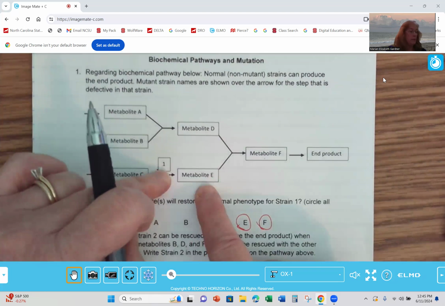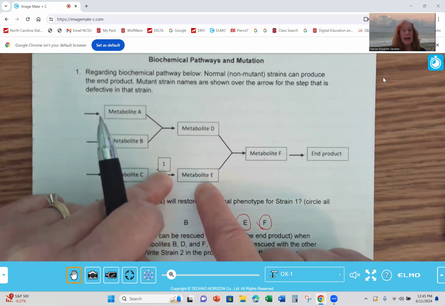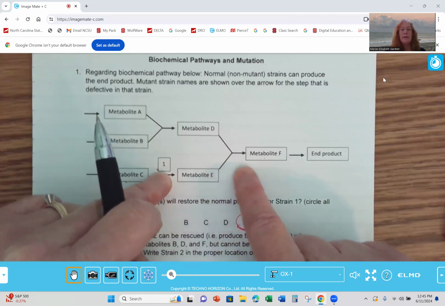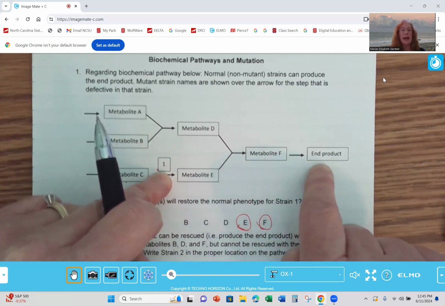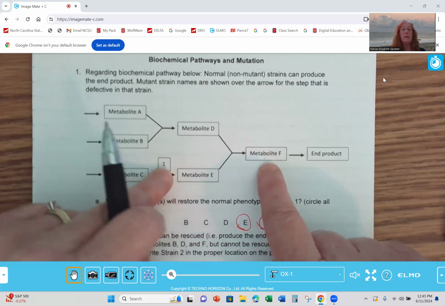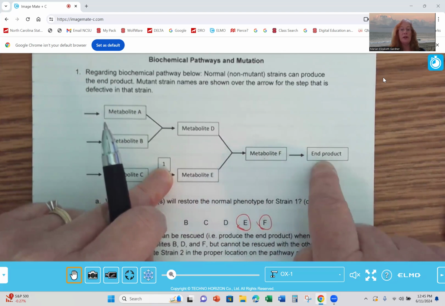So if I provided strain 1 with metabolite E, it already has the enzyme to combine E and D to make F, and it already has the enzyme to convert F to the end product. Similarly, if I provided strain 1 with metabolite F, it already has the enzyme to convert F to the end product.